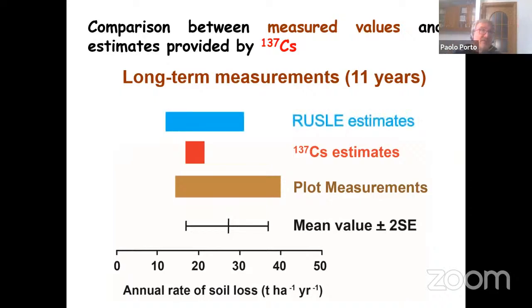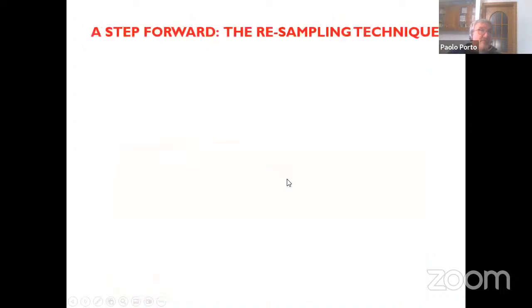And if we do that, and we did that, we got the Russell estimates of soil erosion, which are very close to the plot measurements. That means that if we have more years of observation, our estimates will be much better.